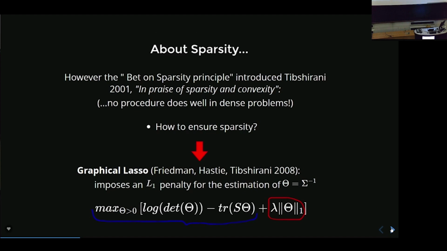Now, there's nothing wrong with this approach. Also, it has a computational cost of n to the power of 3 and computational space of n to the power of 2. The only problem with this is the independence assumption.